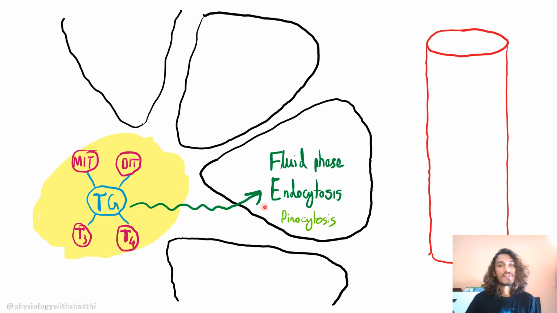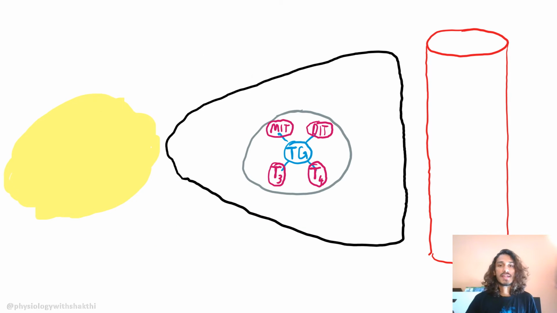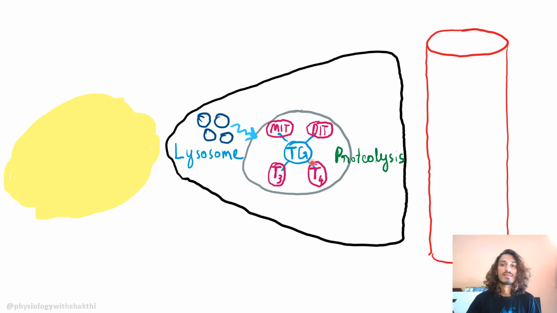So like this, fluid phase endocytosis is taken inside, and once inside, it's there inside a vesicle inside the follicular cell. Now lysosomes degranulate into it, and the enzymes inside the lysosome result in proteolysis. Because of that, T3, T4 is removed and it goes out, and finally it's taken out into the circulation.